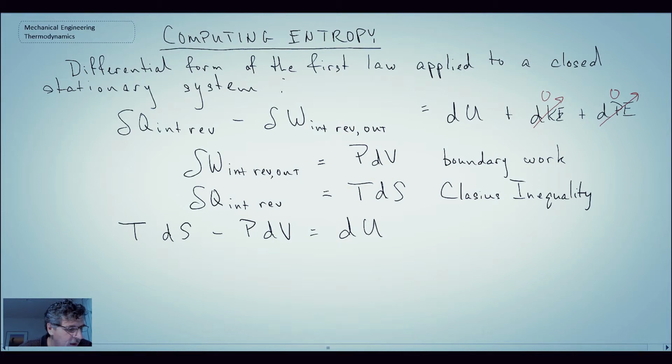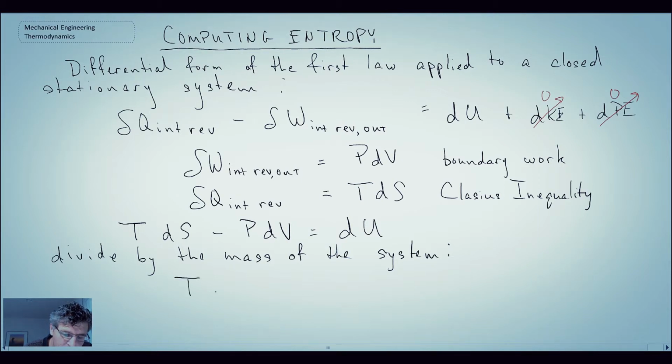our first law. What I'm going to do now, notice that these are capital S, capital U, capital V. This is not per unit mass, so in order to make it per unit mass, I'm going to divide by the system mass. And when we do this, the capital S is going to become a little s.